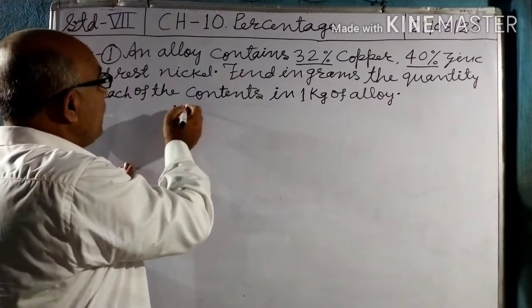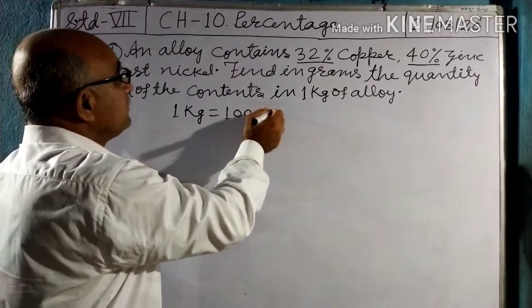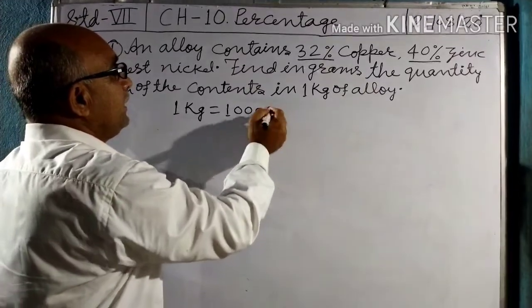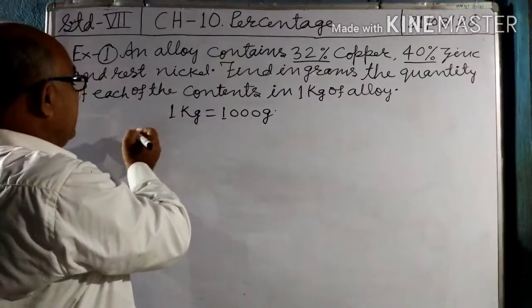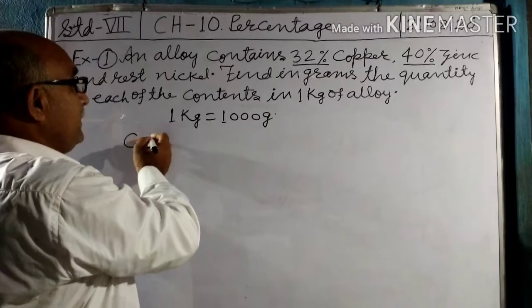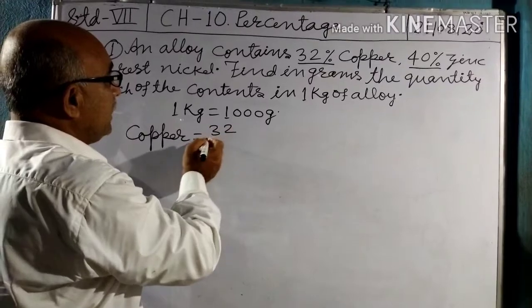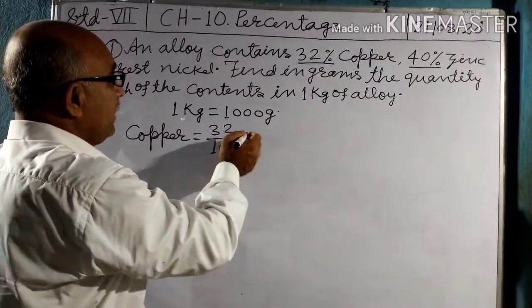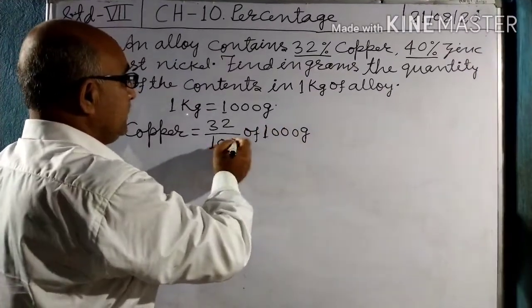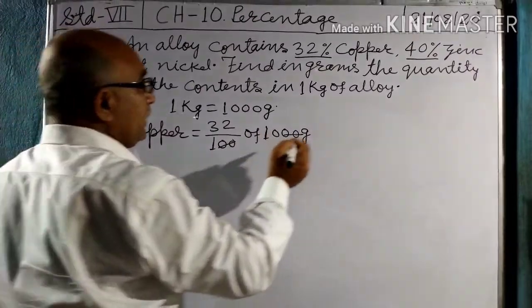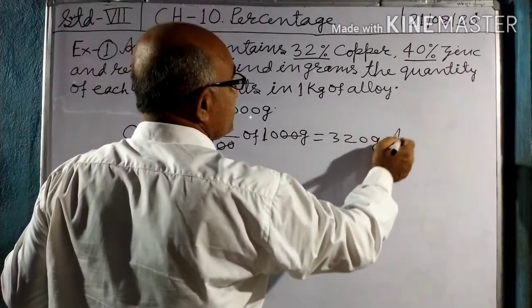So first of all, 1 kg means 1000 gram. Now, first copper equal to 32% means 32 by 100 of 1000 gram. 32 into 10 equal to 320 grams.